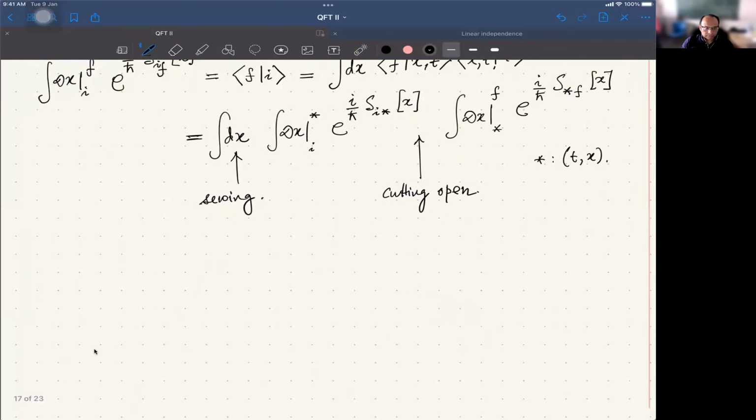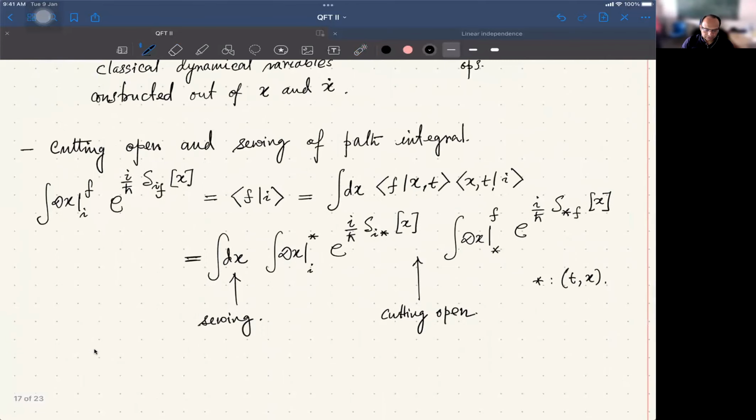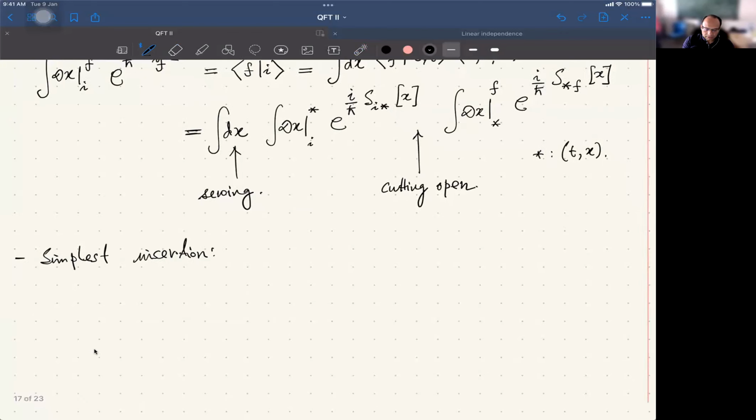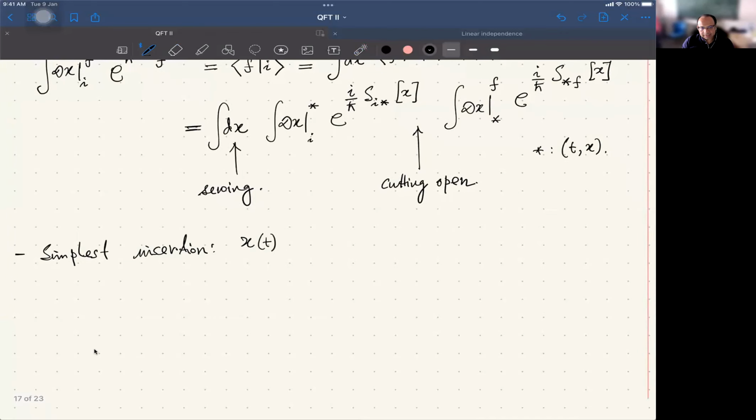For example, the simplest insertion is x(t), which means you are inserting an x dynamical variable at time t.